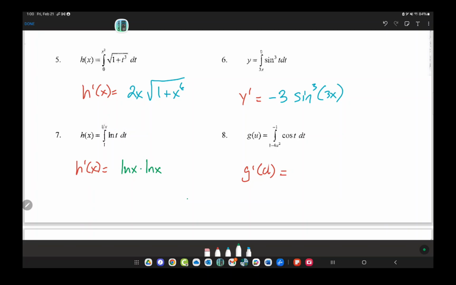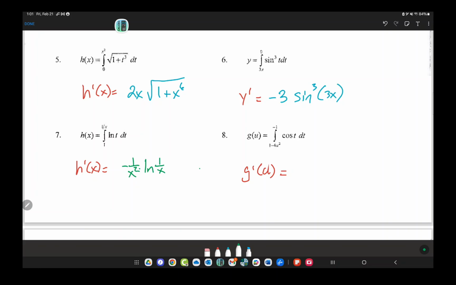Times the natural log of 1 over x, sorry. Wait, the derivative of 1 over x is negative, yeah, negative 2. I'm thinking integral of 1 over x. So that would be negative 1 over x squared times the natural log of 1 over x.